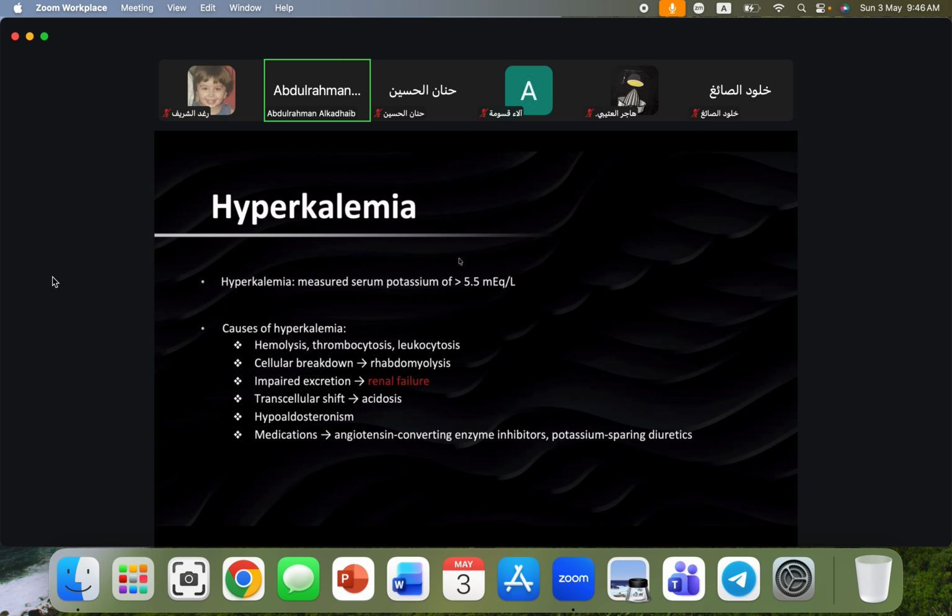And the other causes that may cause hyperkalemia include rhabdomyolysis, again, which may cause destruction of the muscle cells and release of the potassium into the vascular space. One also common cause of hyperkalemia, and we encounter this a lot, is basically renal failure. We encounter this a lot in the emergency department.